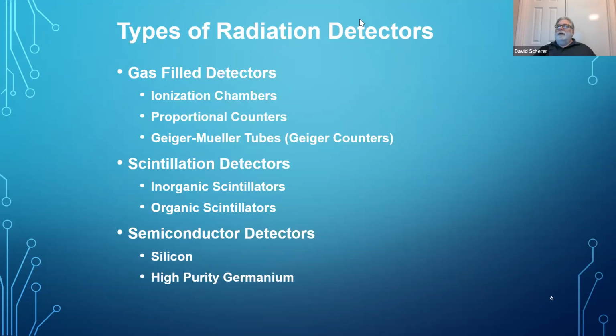Okay, so the types of detectors we'll have: gas-filled detectors. These can be ionization chambers, proportional counters, or Geiger counters. Then scintillation detectors.